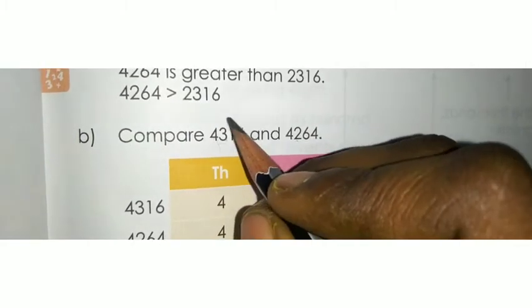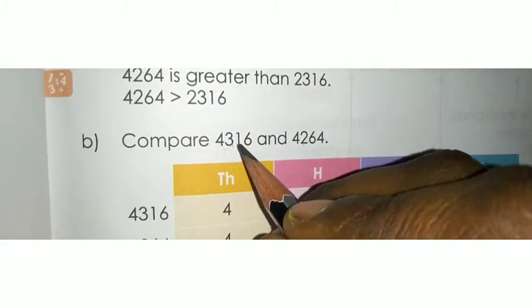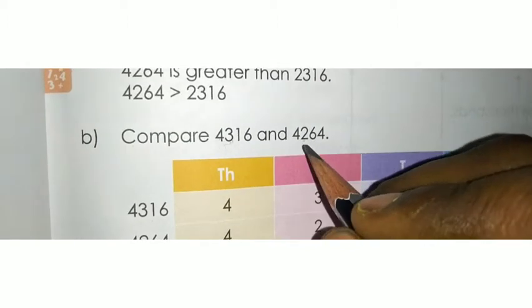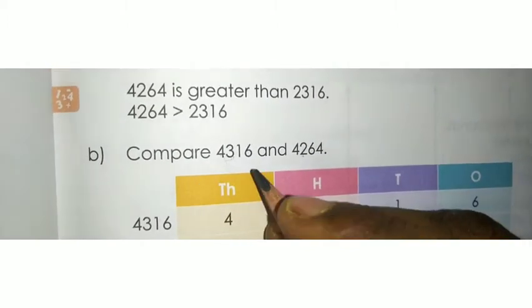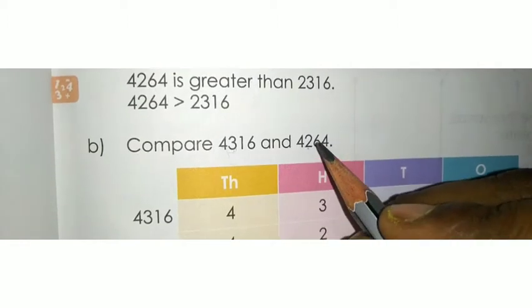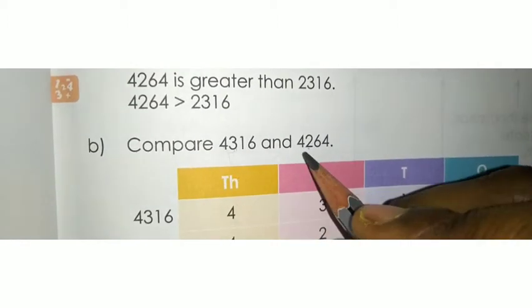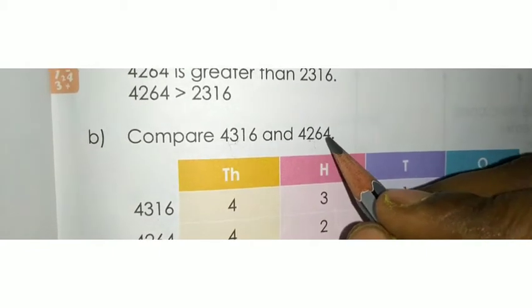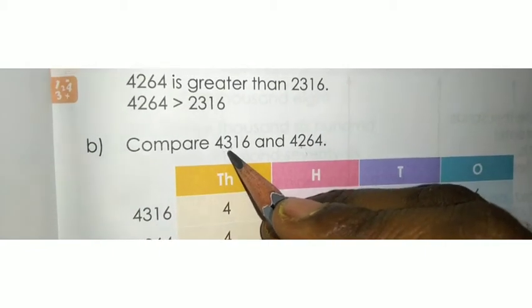So you have to write this number as a greater number. This value is greater than this value. If you want to check the smaller number, 3 is greater than 2, so 2 is small. So 4264 is smaller than this value.